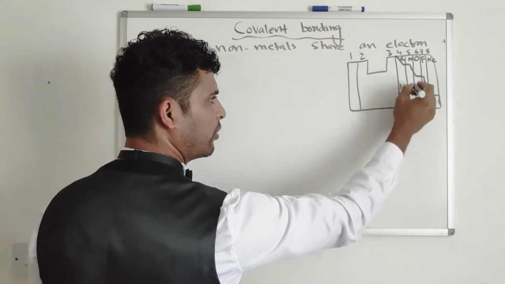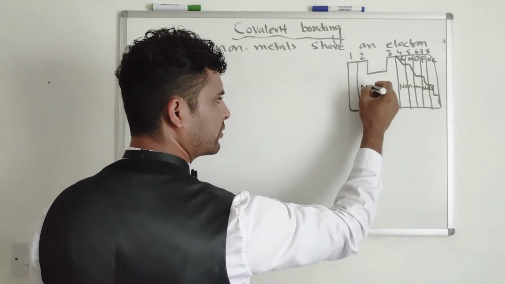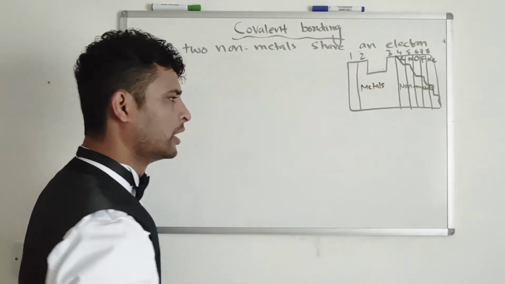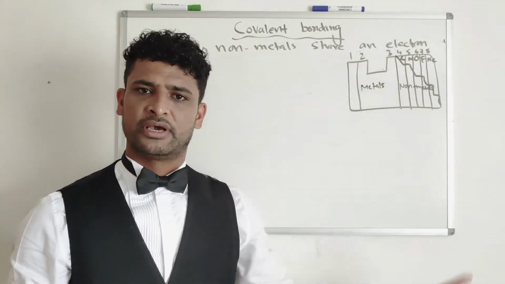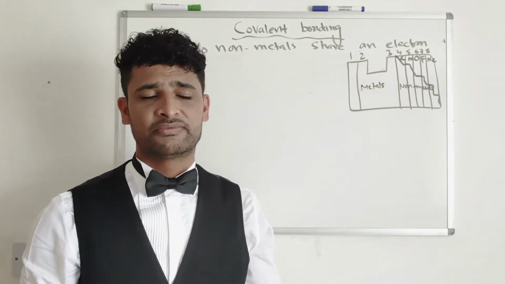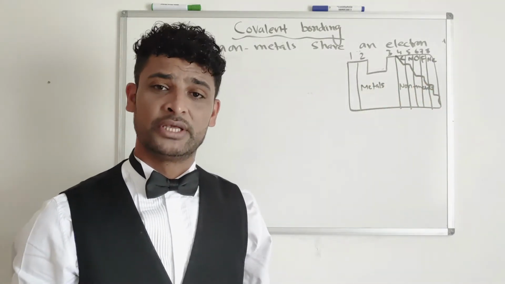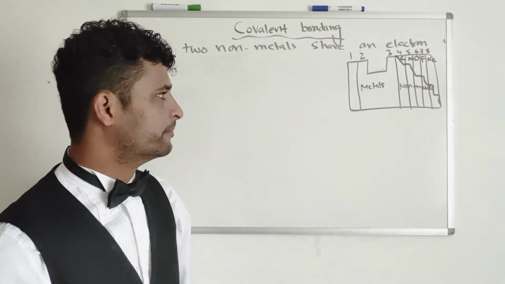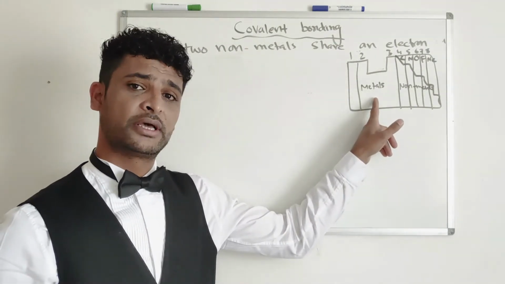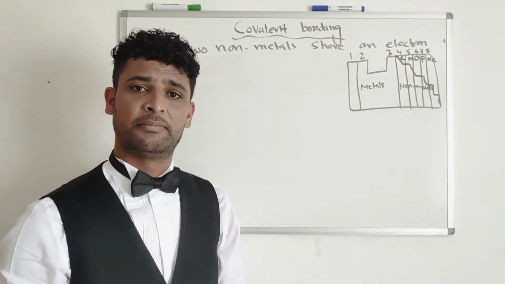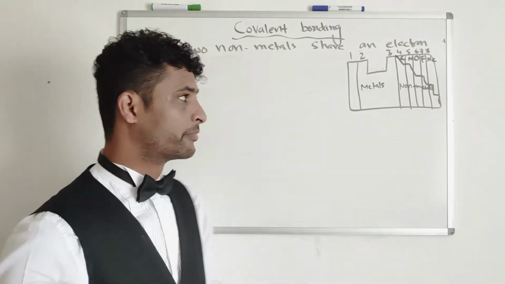And this area is called metals. Non-metals, some of them are solid, most of them are gases, and some of them are liquid. Metals are always solid except mercury. Mercury is liquid at room temperature.